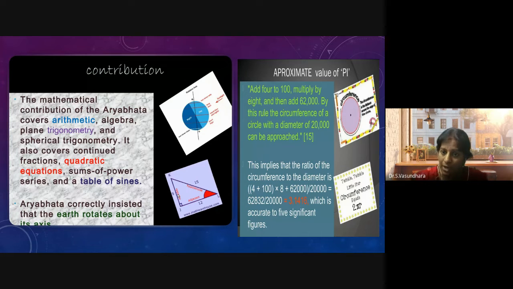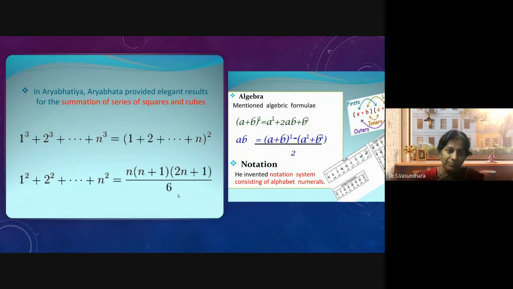Add 4 to 100, multiply by 8, and then add 62,000. By this rule, the circumference of a circle with a diameter of 20,000 can be approached. This implies that the ratio of the circumference to the diameter is almost (4 plus 100) into 8 plus 62,000, divided by 20,000, which is approximately equal to 3.1416, which is accurate to 5 significant figures.